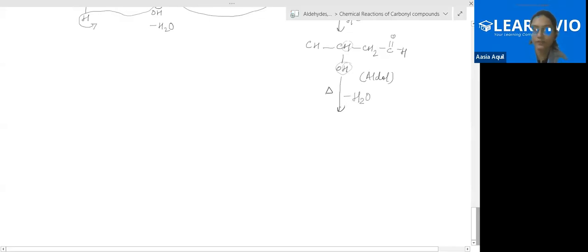So dehydration will occur, and you will get an alkene: this CH3, here CH, and here a double bond. It will form a double bond, CH, CH. Got it?